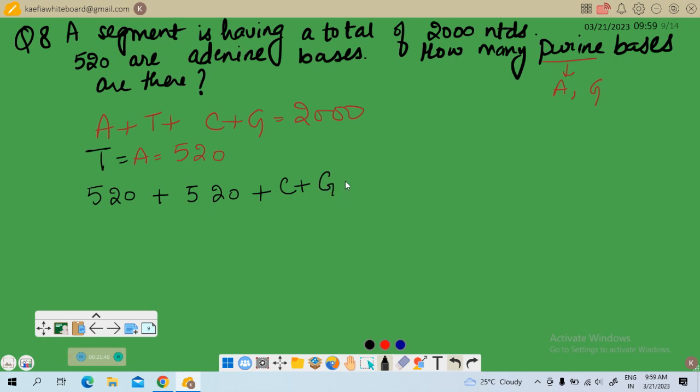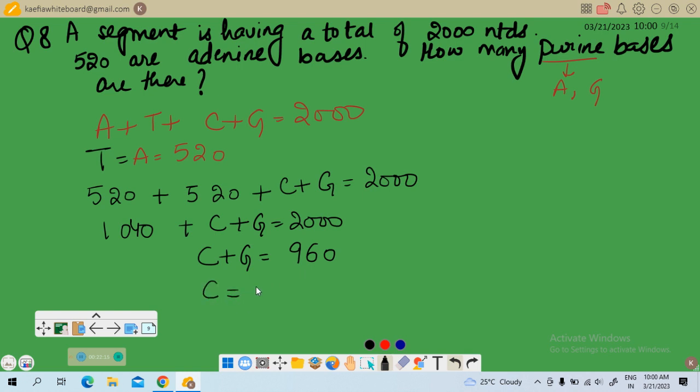C and G we don't know. So 520 and 520 is 1040 plus C plus G is 2000, so C plus G is 2000 minus 1040, which comes out to be 960. So C is equal to G, so this will be half of it, that is 480.